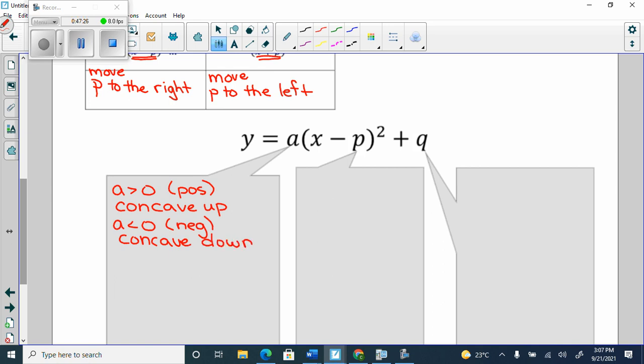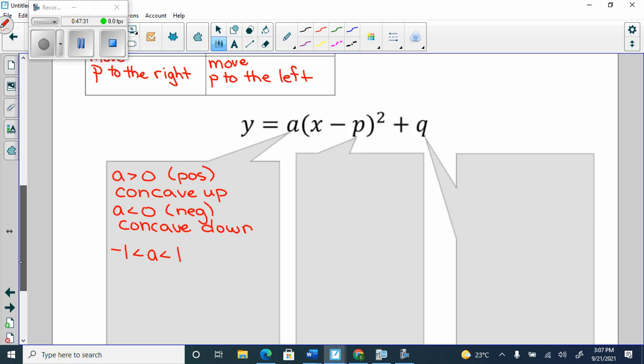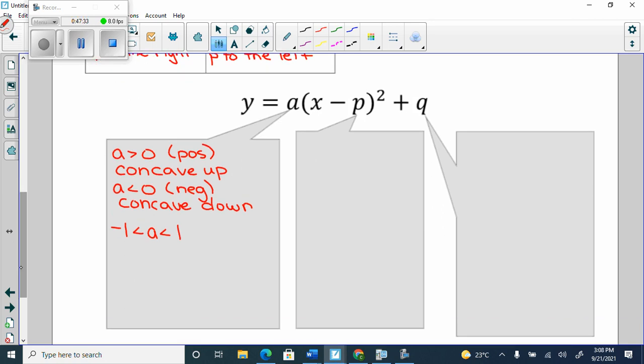And then we said if a was between -1 and 1, the graph got wider, right? If a was less than -1 or greater than 1, it got narrower.